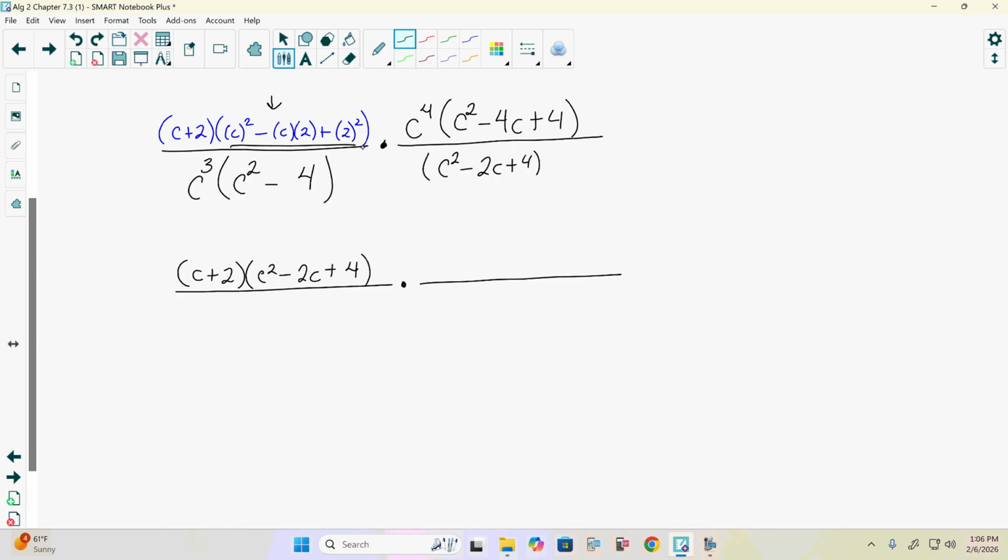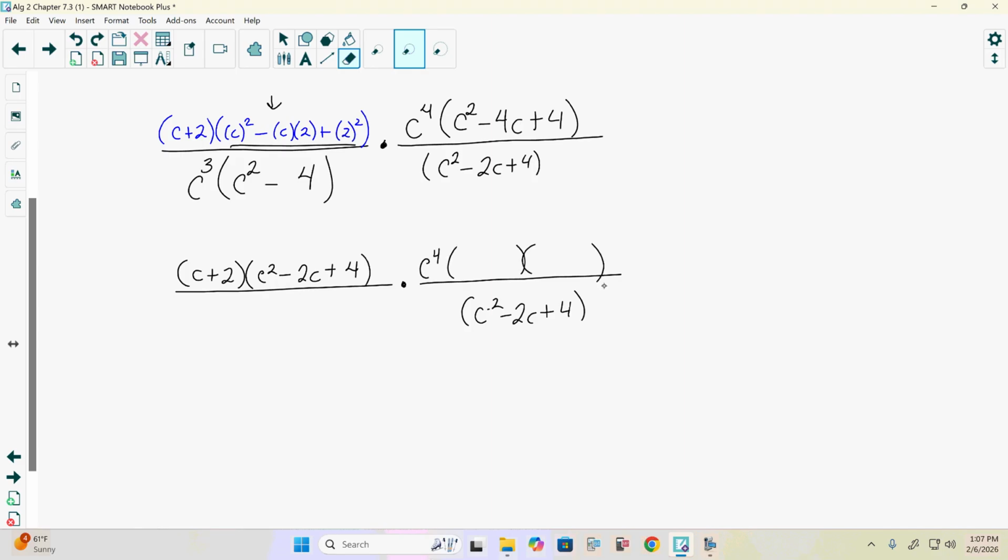So since I simplified it down, c squared minus 2c plus 4 won't factor because it's the quadratic part of a sum of two cubes. But that also means this other expression down here doesn't factor either. Even if it did, since I have it matching on top and bottom, it doesn't matter if it factors or not because they'll simplify either way. Does that make sense? Because they're already matching, why go further than that?